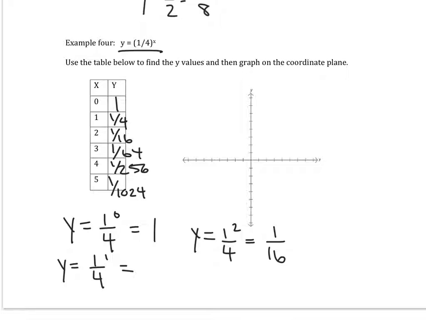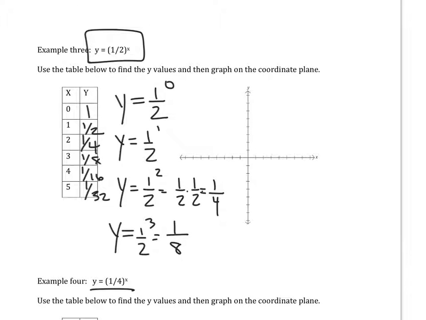So now that we've figured out these t-charts, the way that these are graphed is going to be a little bit different. So if we go back up to that example, when we plot, we're still going to have that 0, 1, but when we go over to plot 1, 1/2, we see that it's just going to keep getting smaller and smaller. So it looks similar to this.